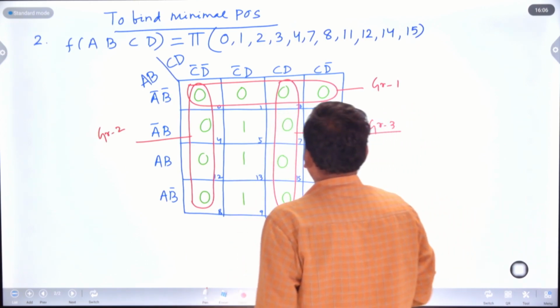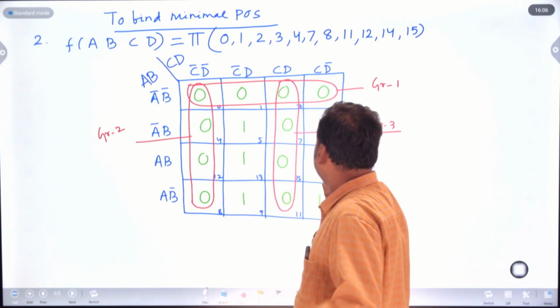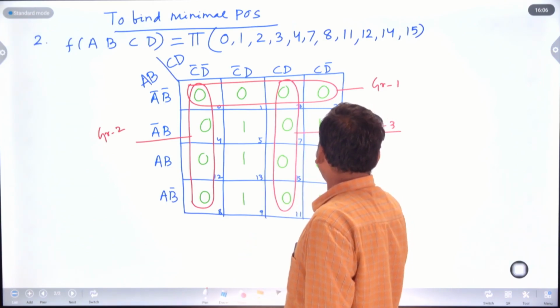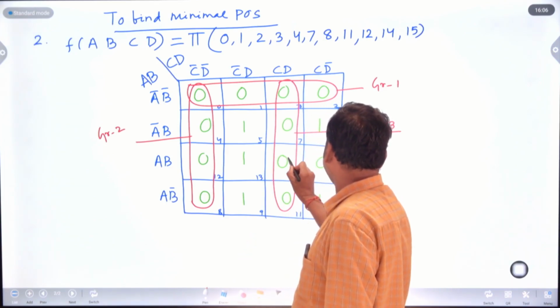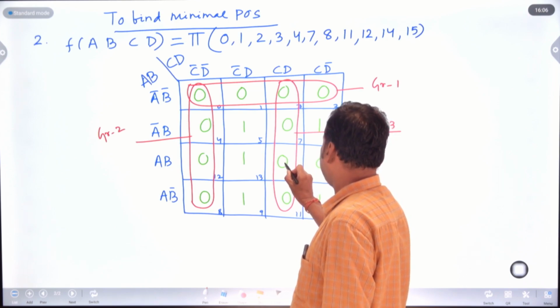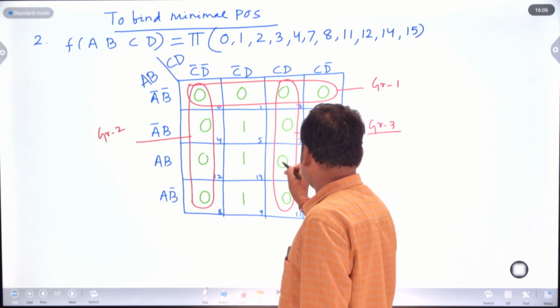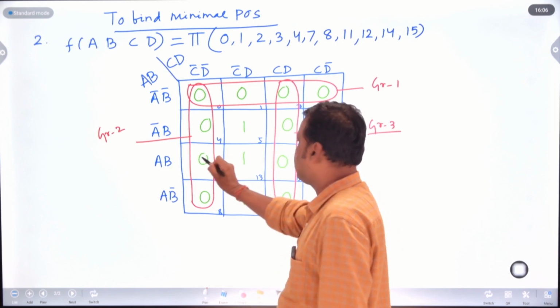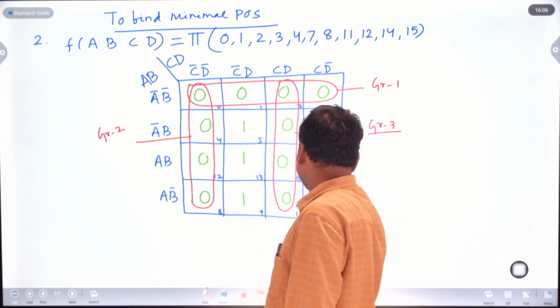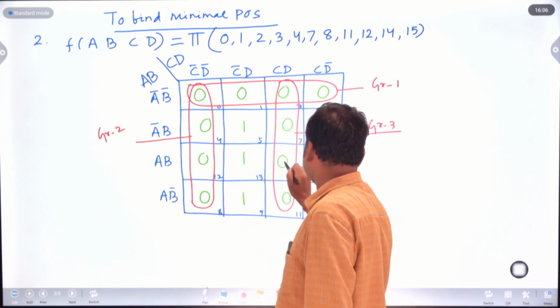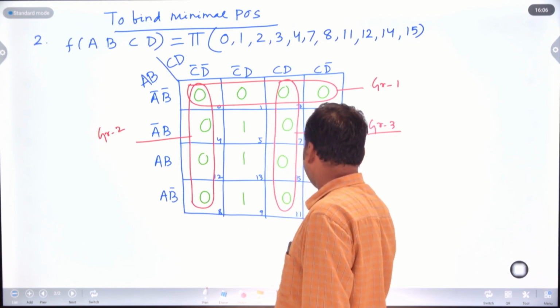And here is a 0, and the only adjacent one is this. You can combine this 0 with this 0, or combine it with this one. Either way, no problem: you can combine this maxterm 14 with 15, or 14 with 12.